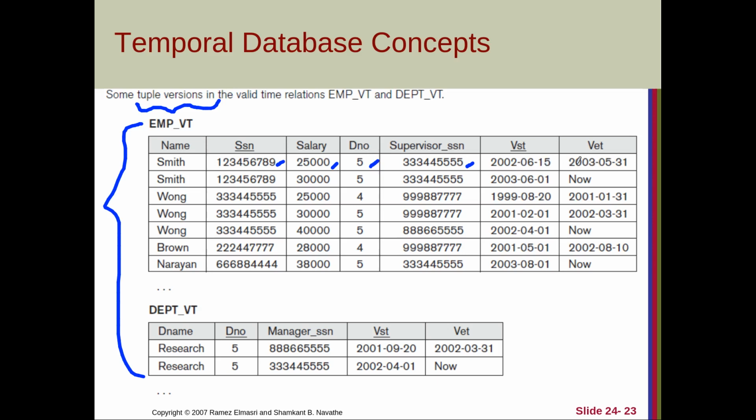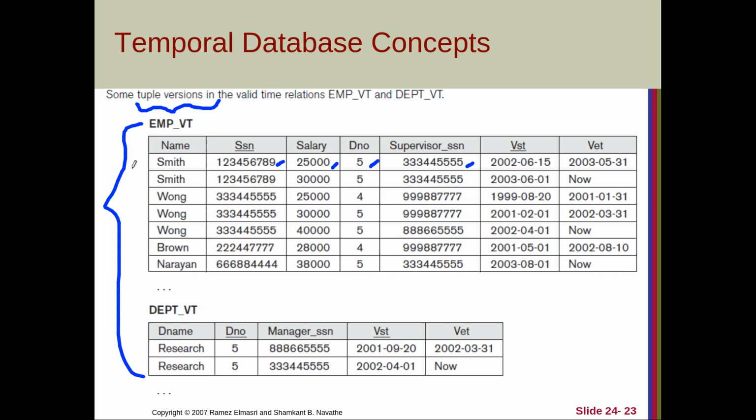So during this period, the employee Smith was working with this SSN with salary 25,000, department 5, with this supervisor. So directly we are representing the starting date and end date in the real time scenario.